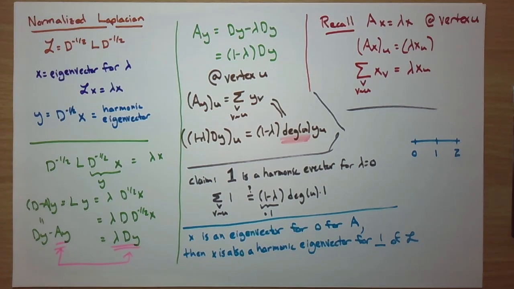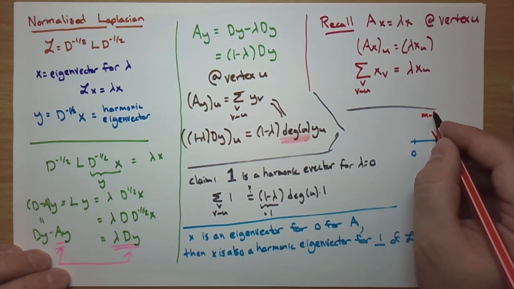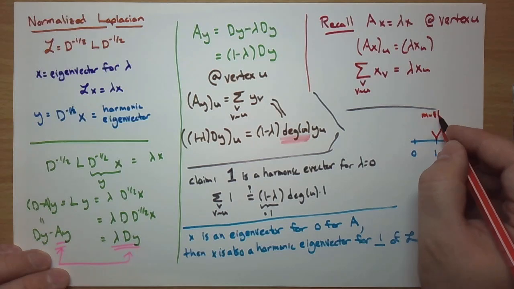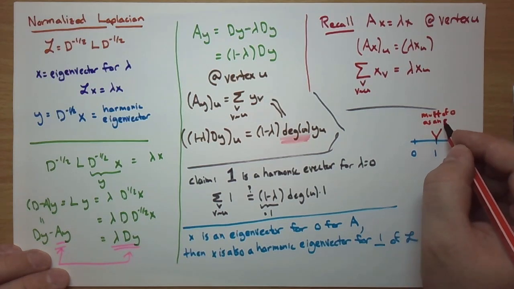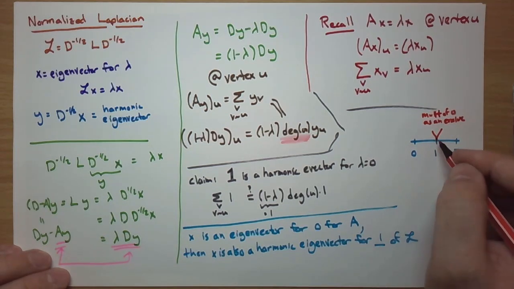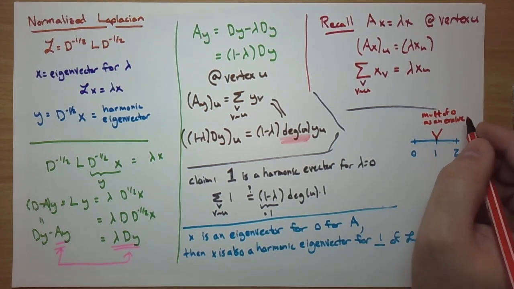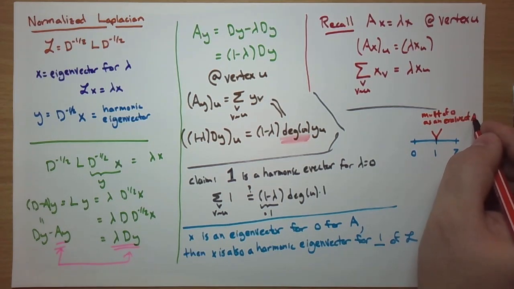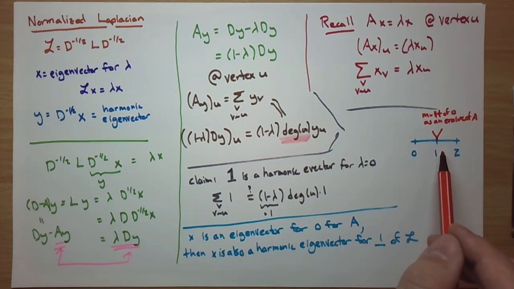And now we just said that the multiplicity of 0 as an eigenvalue of A becomes the multiplicity you have for 1 as an eigenvalue for L.